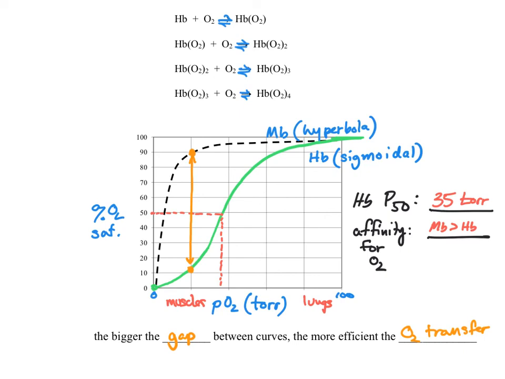So what we have here is 90% saturated myoglobin and maybe 12% saturated hemoglobin. Think about that like the score of a football game after the game. If you looked at a football game and the score was 90-12, you would say the 90 score dominated and beat out the other 12 score. And that's what's happened here.